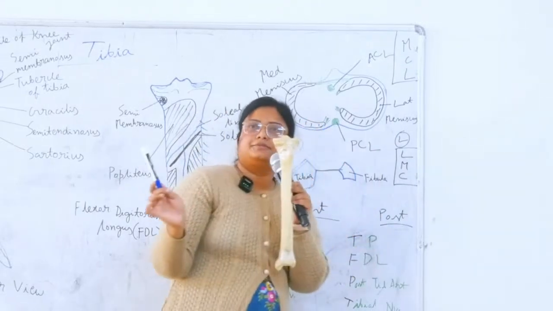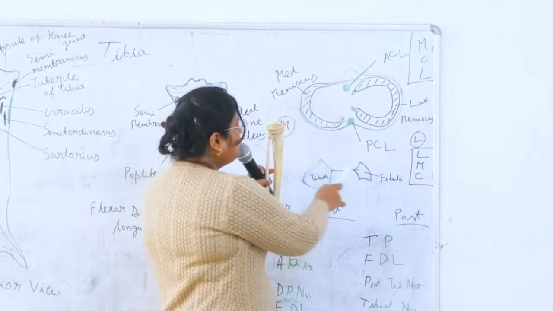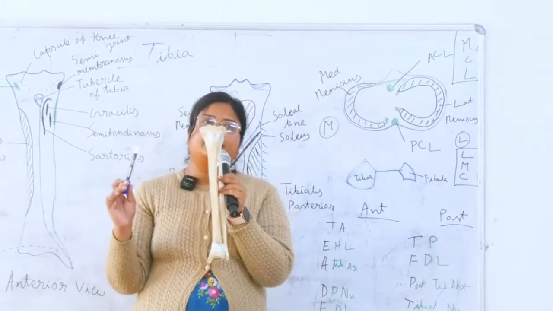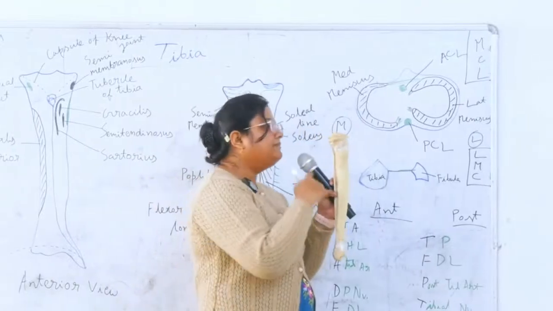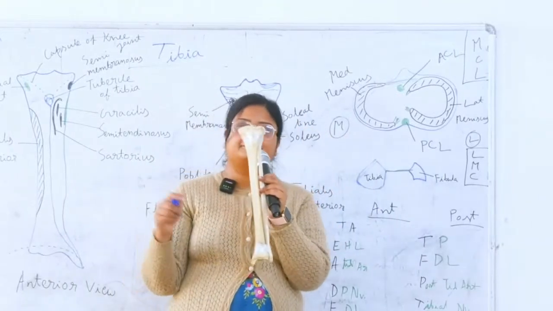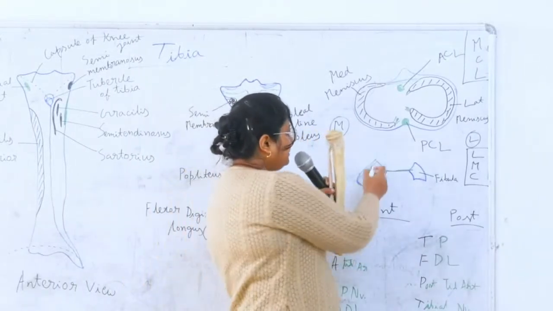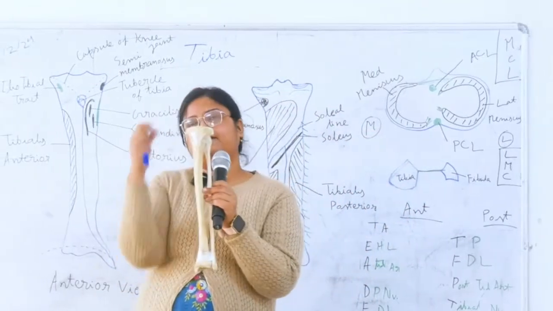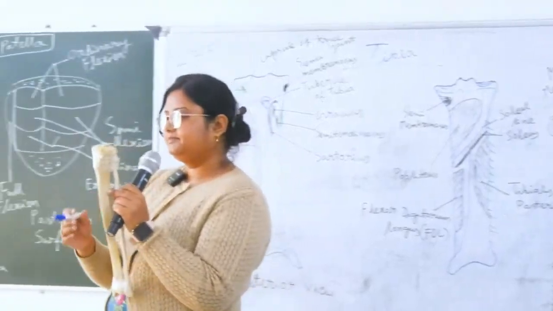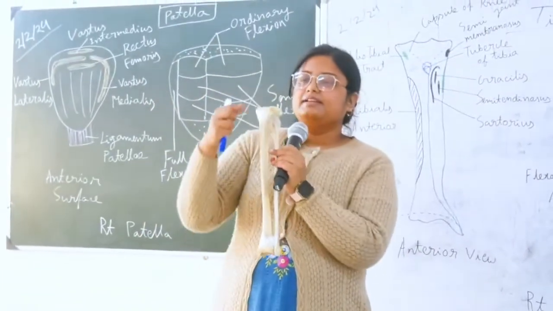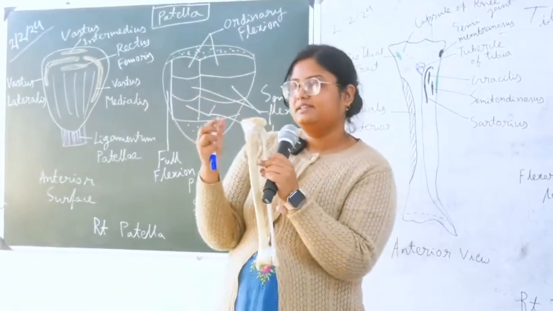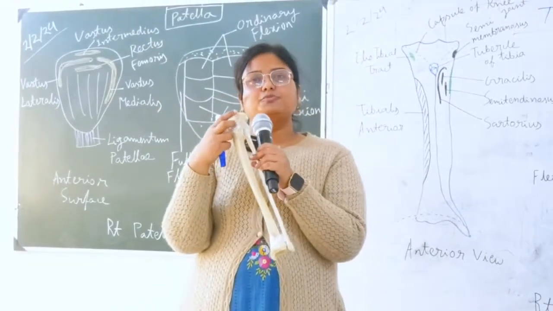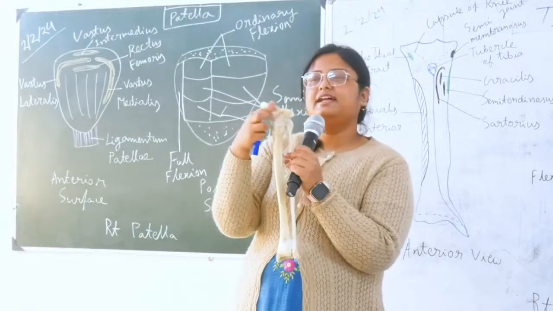Understood? This tibia and fibula are connected by an interosseous membrane, which forms the middle tibiofibular joint. Another thing, there is attachment of some structures. On the lateral condyle, anteriorly there is a smooth area, the anterior part of the lateral condyle.